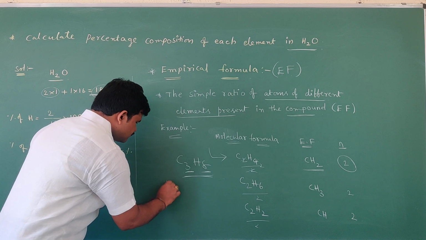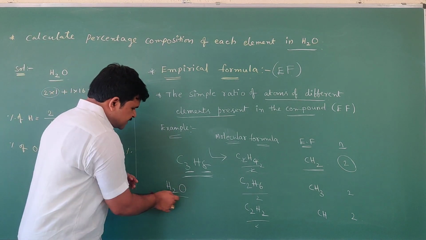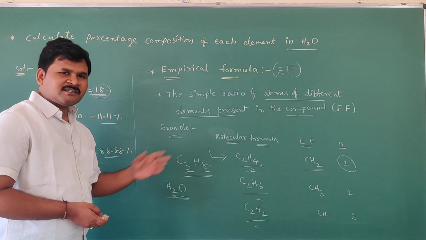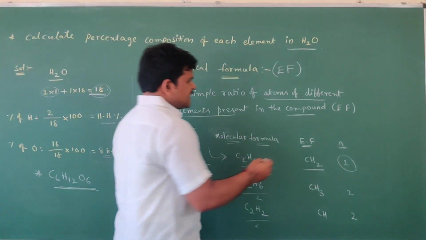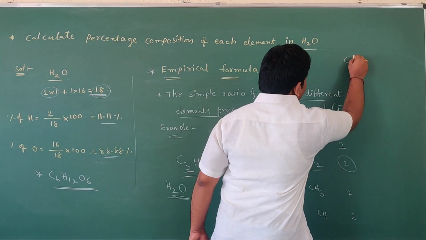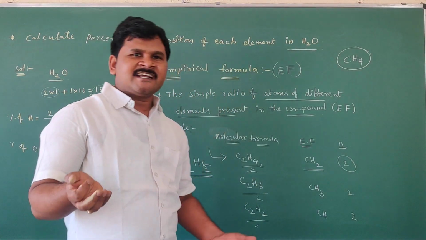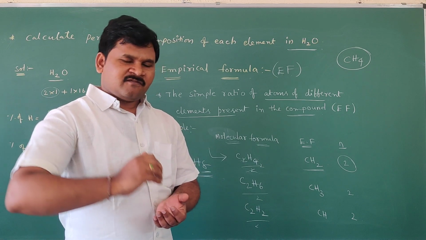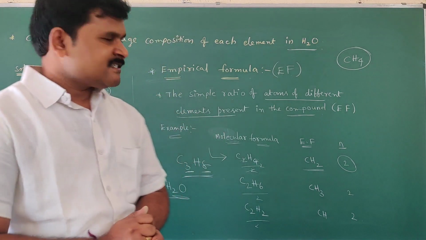Similarly, if you take H2O, for H2O there is no empirical formula. So the empirical formula and molecular formula are both the same for H2O. Clear? Similarly, for CH4, we also won't get any empirical formula different from the molecular formula. So for such compounds, the empirical formula and molecular formula are the same.